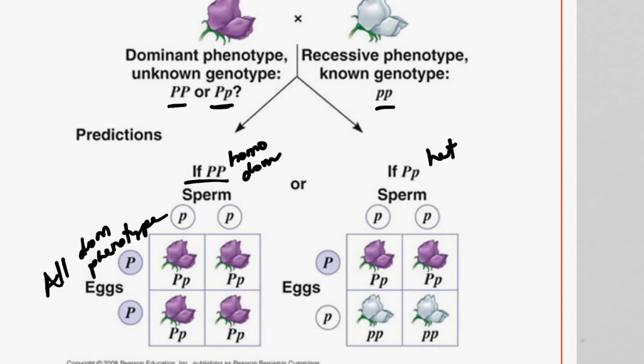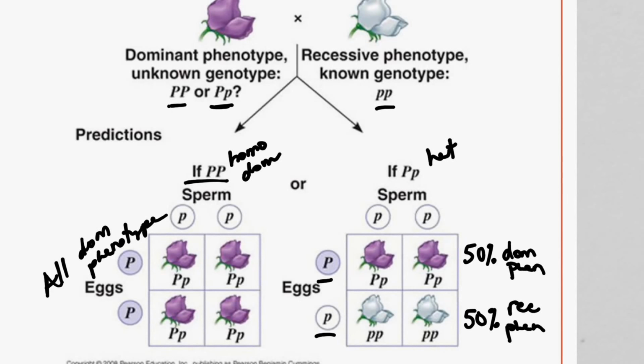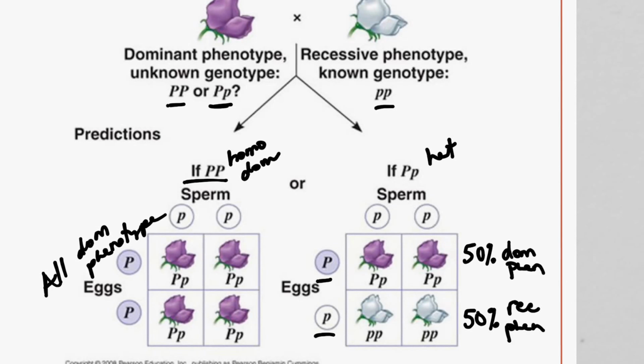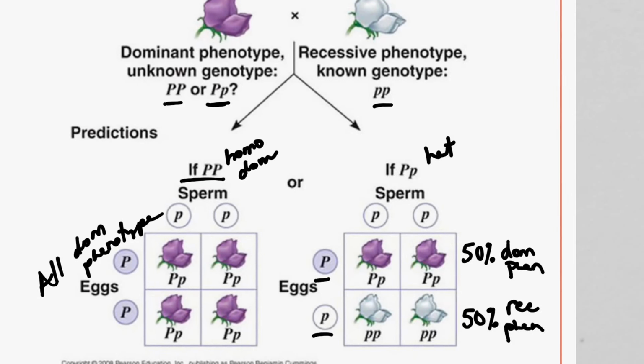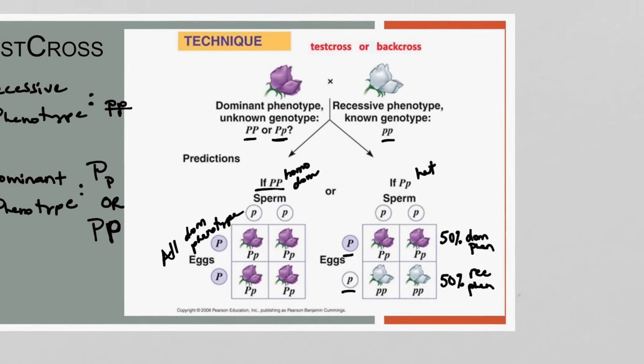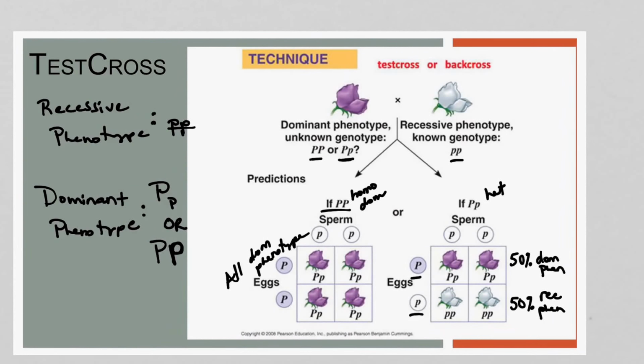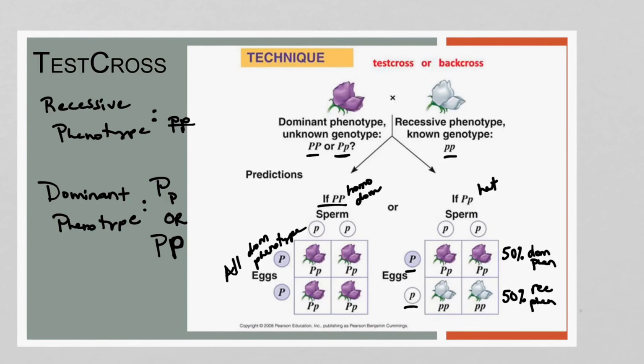However, if the parent plant is heterozygous, then you're going to end up with 50% dominant phenotype and 50% recessive phenotype. And so test crosses are used in that way to work backwards and determine the genotype in the case that it's a dominant phenotype and you don't know whether it's homozygous dominant or heterozygous.